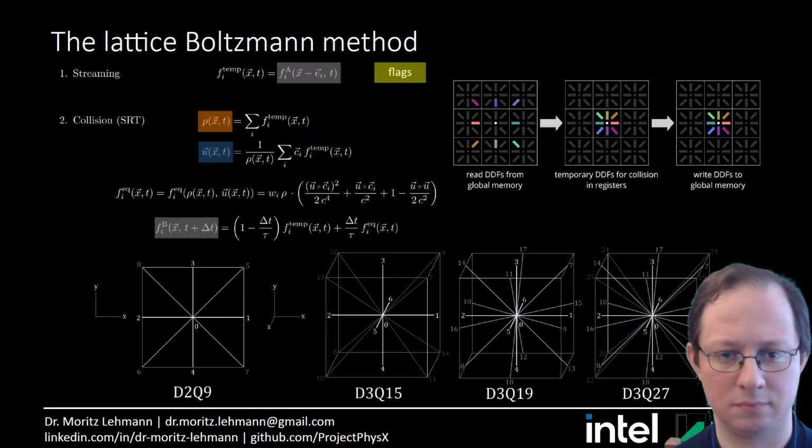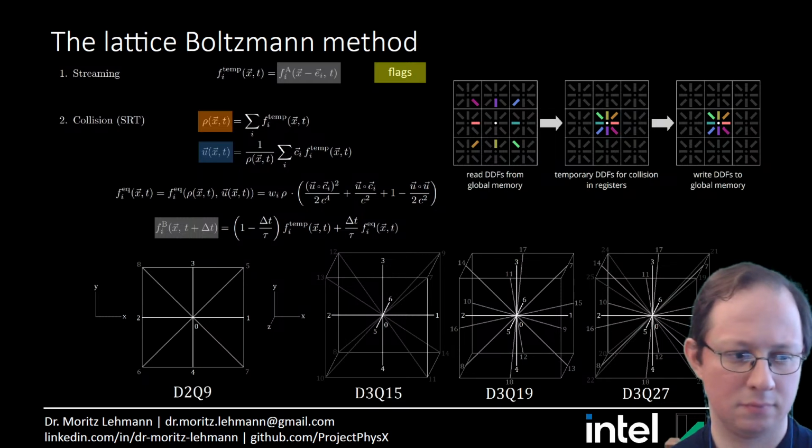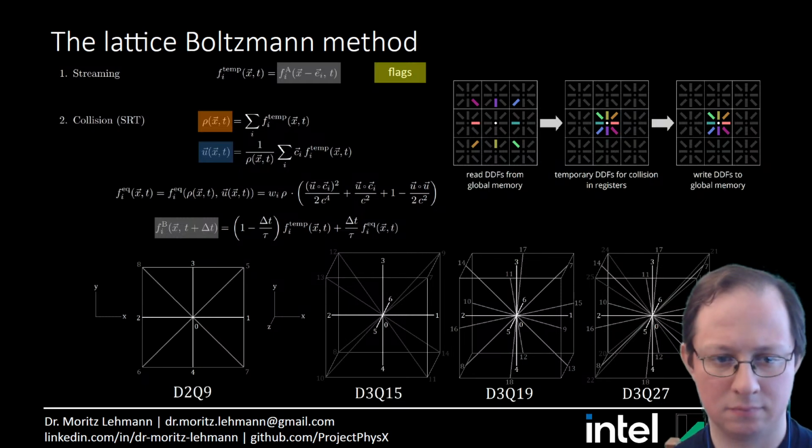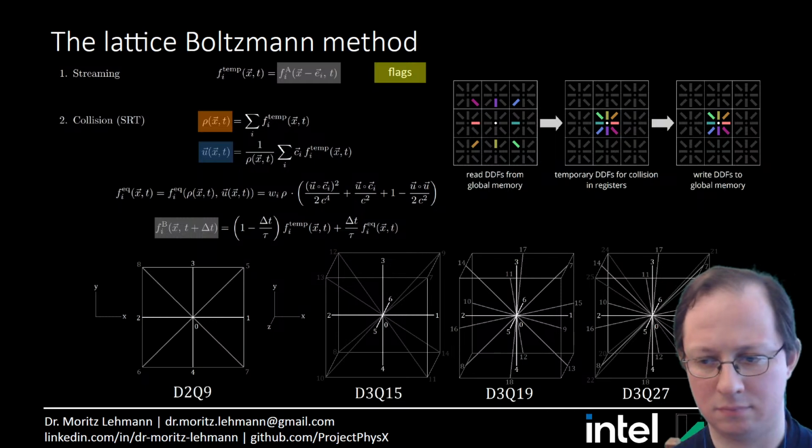From the density and velocity, you can compute the equilibrium distribution functions. They are fed into a collision operator, which gives you the output density distribution functions that are then streamed to the neighboring cells again. So it's always streaming and collision in alternating order.